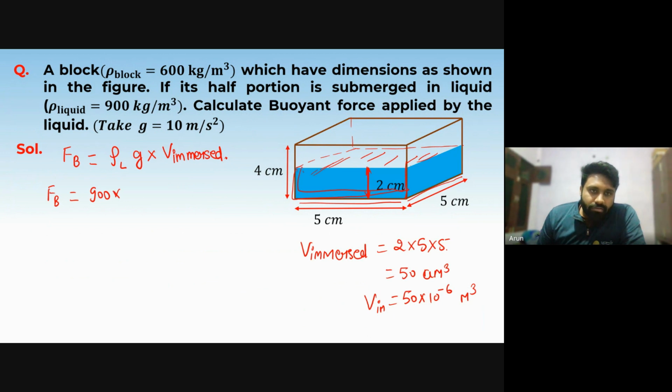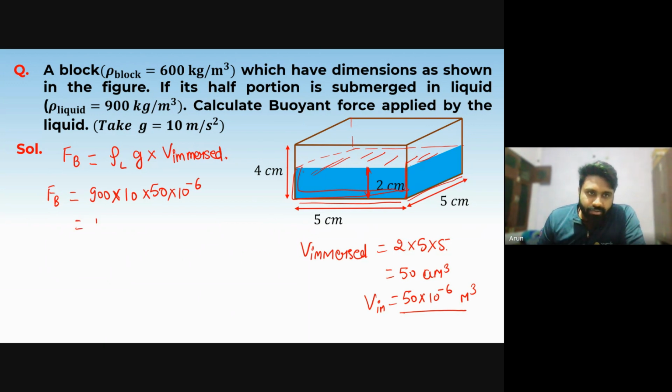So the volume immersed we have already calculated, and g we have to take as 10. The volume immersed inside the liquid is 50 into 10 raised to the power minus 6 meter cube. Now calculate this.